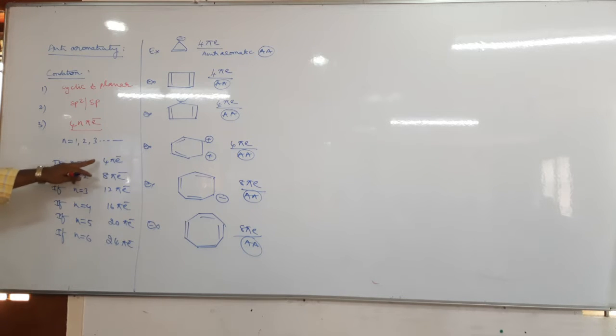So remember this number 4, and then add 4, 4, 4. Aromatic first number is 2. Anti-aromatic first number is 4. Okay, take example.